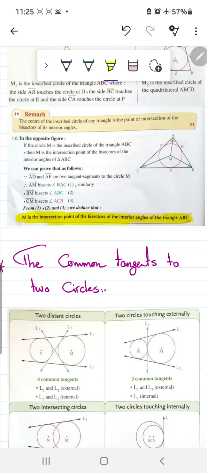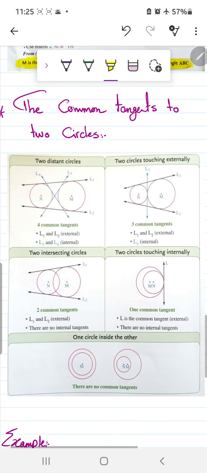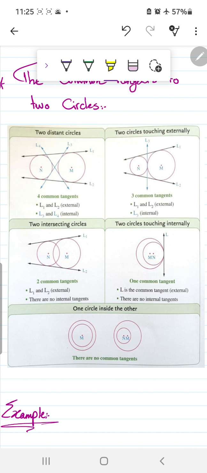We have another definition: the common tangents to two circles, which we studied in the previous unit in the positions between circle and circle. We said that for two distant circles we have 4 common tangents: L1, L2, L3, L4.